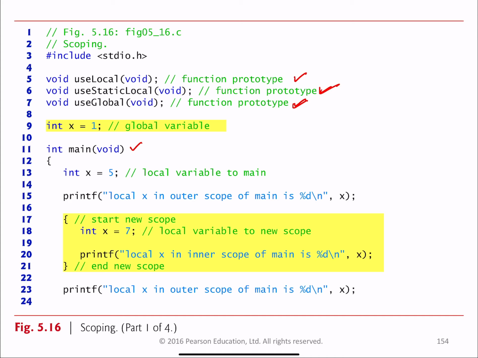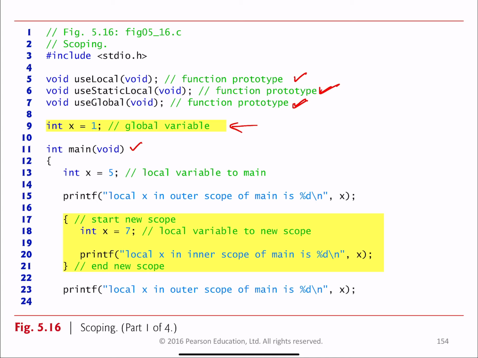And following these three prototypes, you see this on line number 9, a yellow highlighted statement. Before the main function is defined, we are defining an integer variable x and initializing it to 1 outside of all functions. This is a global variable.